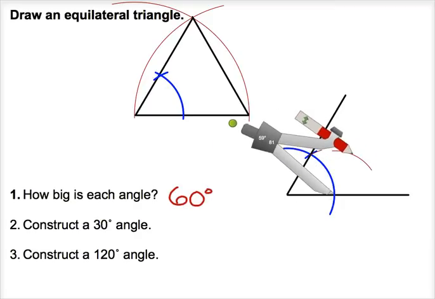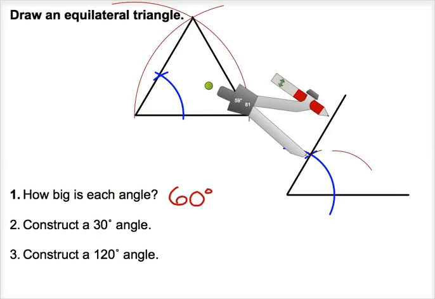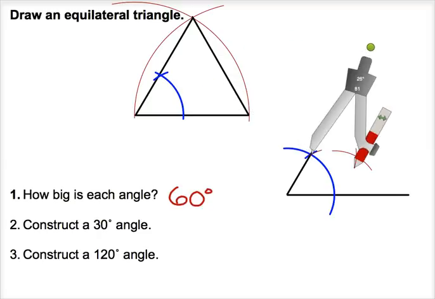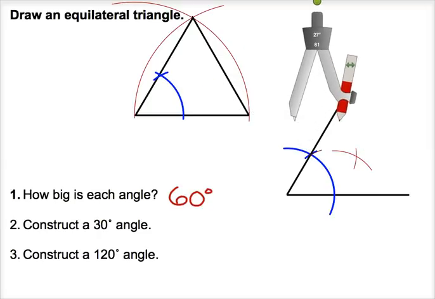Then I repeat the same process where this blue arc meets the side of the angle over here, and somewhere out in the middle where they intersect is the point that's going to cut this in half. So now I've bisected my 60-degree angle, and the angle that's left down here is going to be 30 degrees.